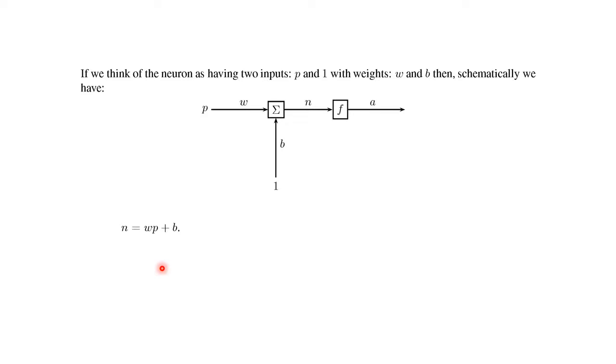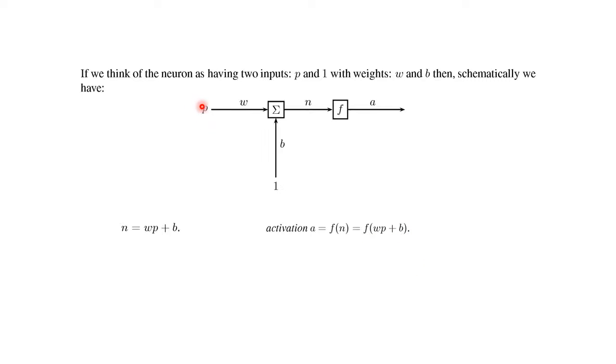So the input into the neuron is WP plus B. The transfer function is going to apply, and it will produce an activation A. That function, whatever it happens to be, and we'll look at some more examples just now, applies to the input into the neuron, N. N is WP plus B.